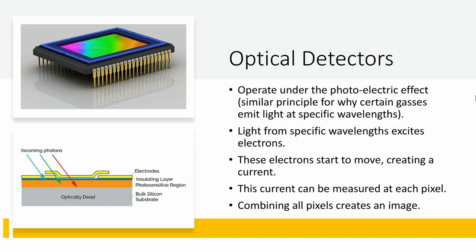So at each pixel on a camera, you'll have this kind of system, and then you build up what an image looks like by combining all of the pixels in the camera. So this is what we use now to put on our telescopes to study space.